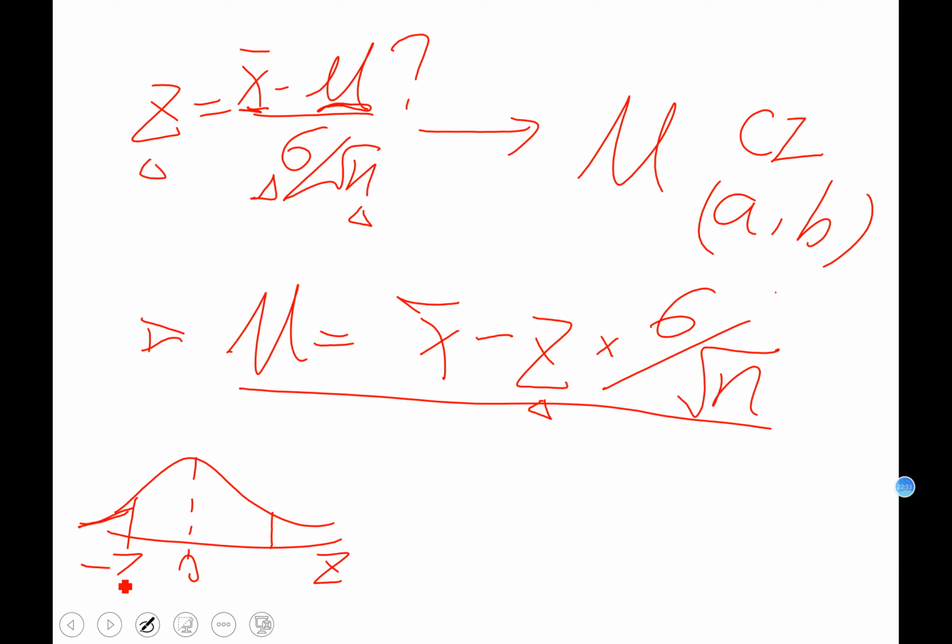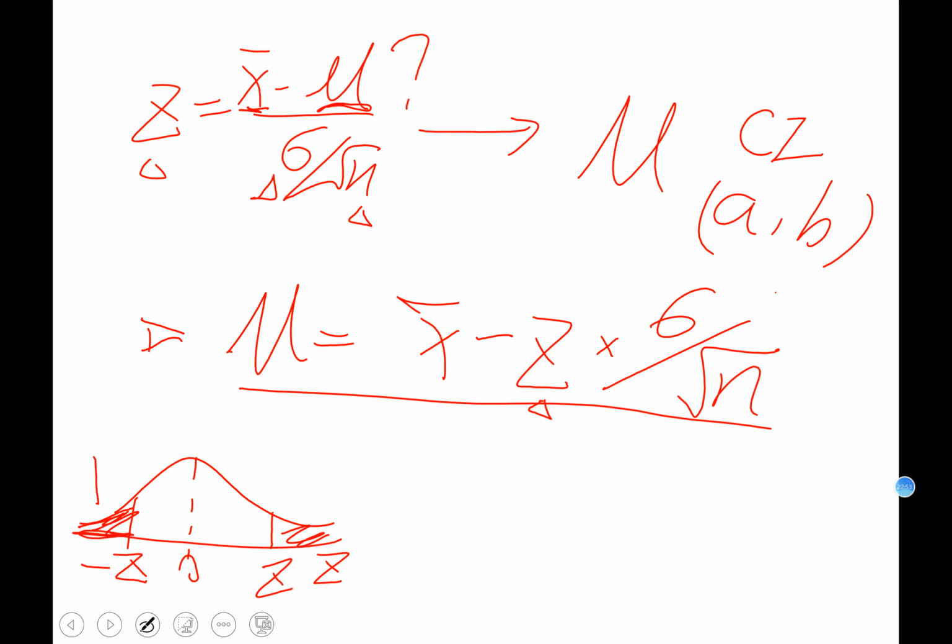So if here is a Z value which is a negative number, there must be a positive number of Z, and they have the same area outside these two numbers.